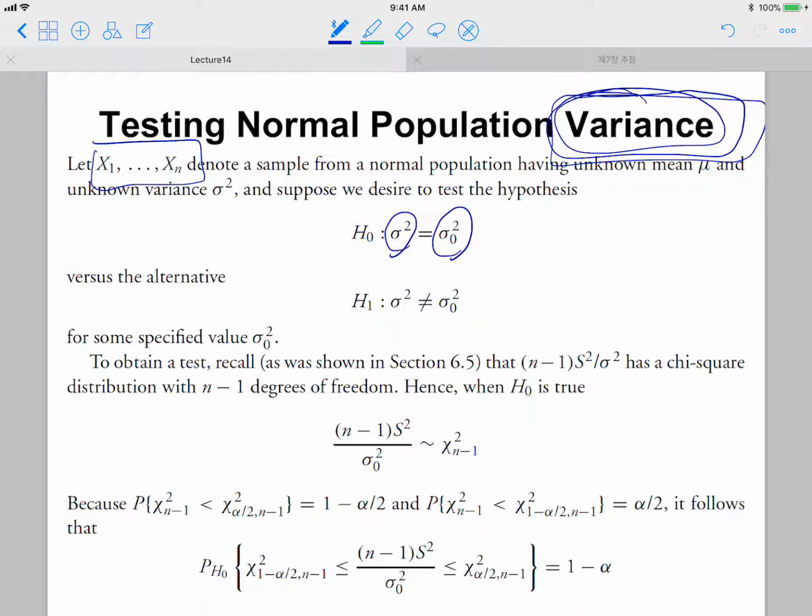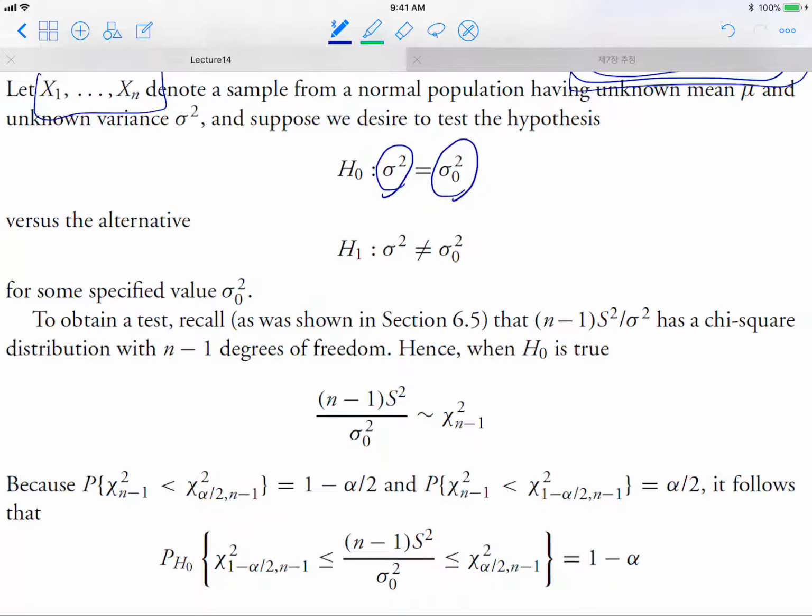Okay, and so in this case we use this sample statistic as our test statistic based on this formula. So we assume that the null hypothesis is true. We basically compute the sample variance, times n minus 1, and then divide it by sigma 0 squared, and then it will follow this chi-square distribution.